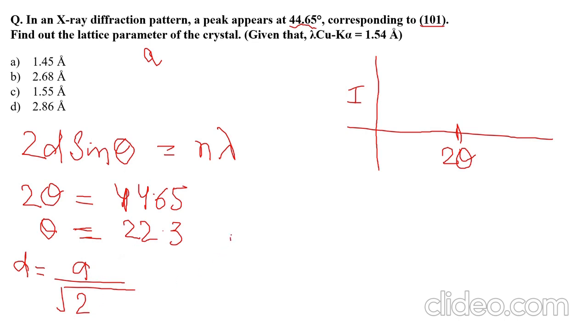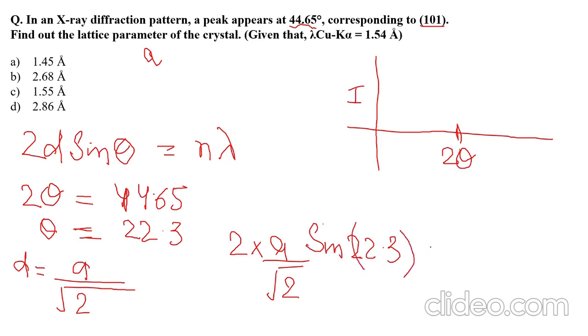So you can write it like this: 2 multiplied by 2 lattice parameter divided by under root of 2, and then sine of theta, that is sine of 22.3, is equal to your lambda, which is the wavelength of your source that you're using.